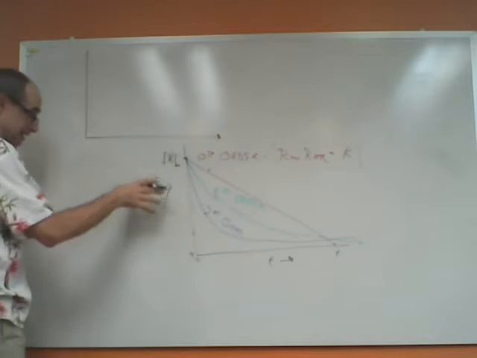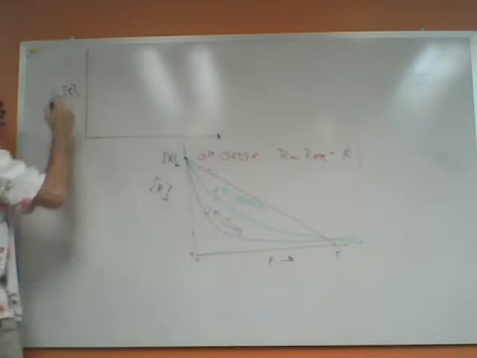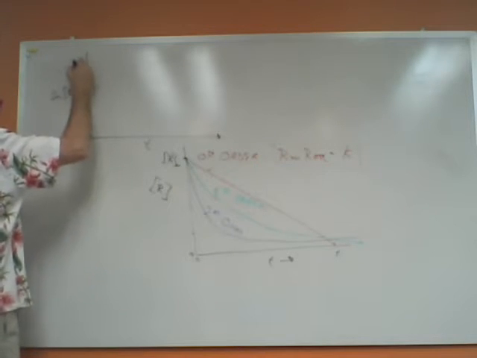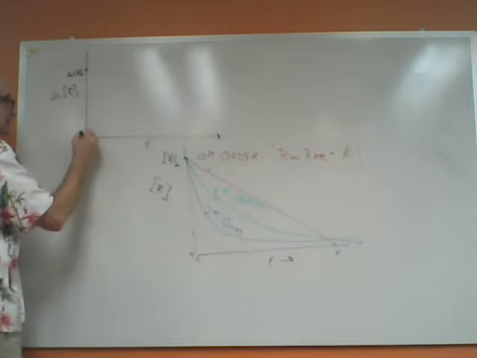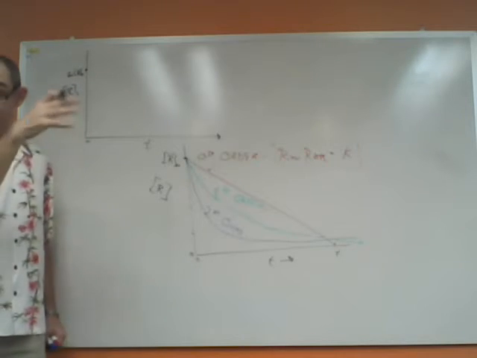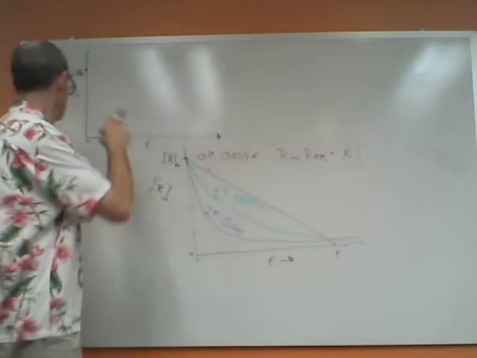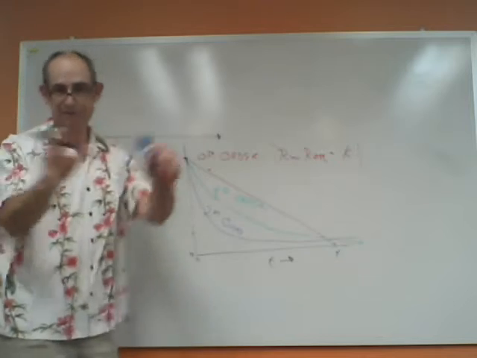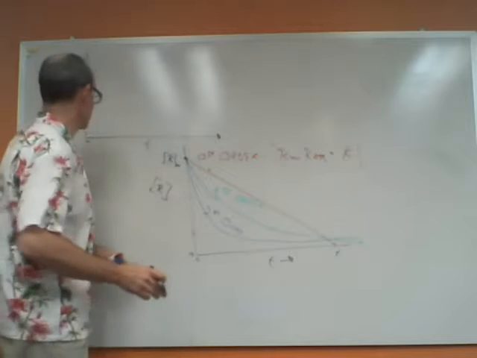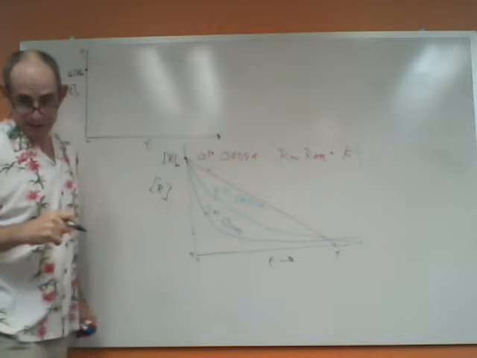But if instead of plotting concentration versus time, I were to plot the natural log of the concentration of reactant versus time, where now I would get a natural log of the initial concentration here, and typically, because our concentrations are often less than 1 mole per liter or 1 atmosphere for gases, our natural logs might be negative numbers, and that's perfectly okay. You could have a negative log of a concentration. You can't have a negative concentration, but 0 might be somewhere up here. It doesn't really matter.